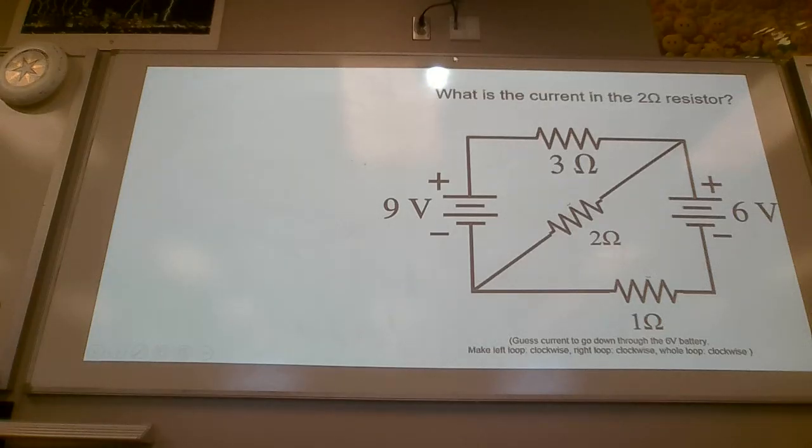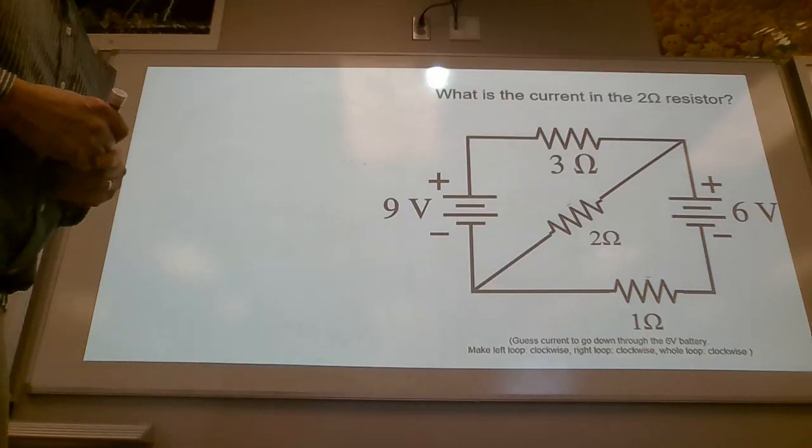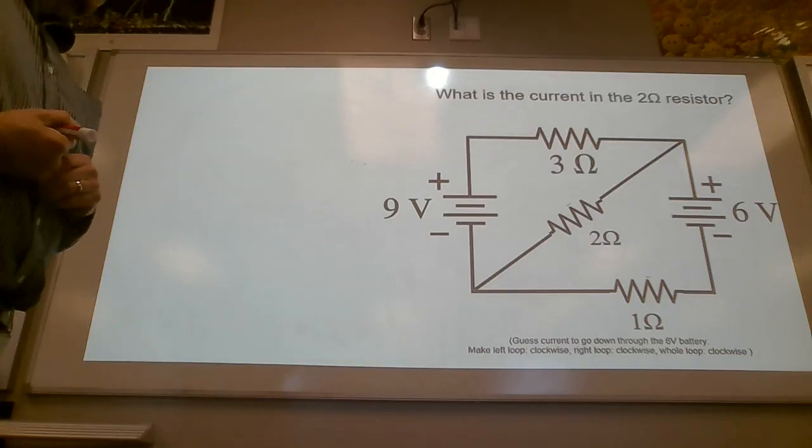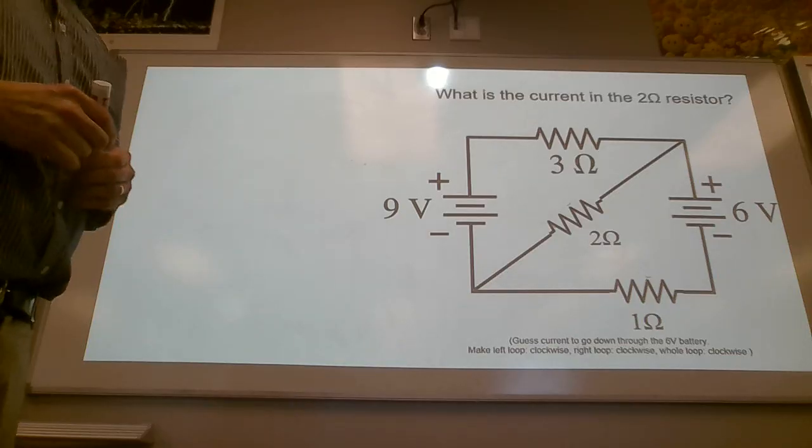So here we have a circuit that has two batteries. Because this is definitely in the realm of possibilities with circuits. Okay. Now, here's what you're going to do. You're going to first guess which way the current is going.